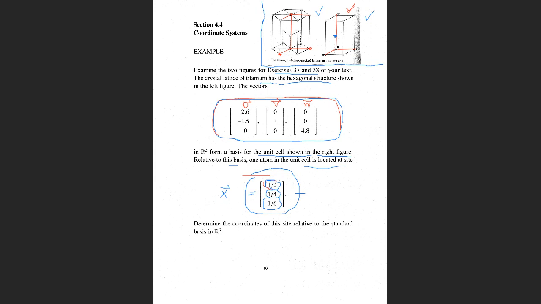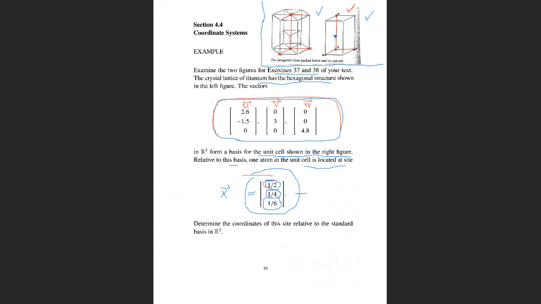What do you think? I have smart people, I'm getting different answers. I mean, does x equal a half, a fourth, a sixth?